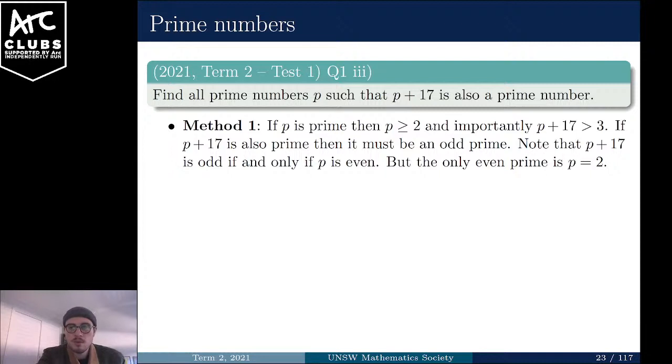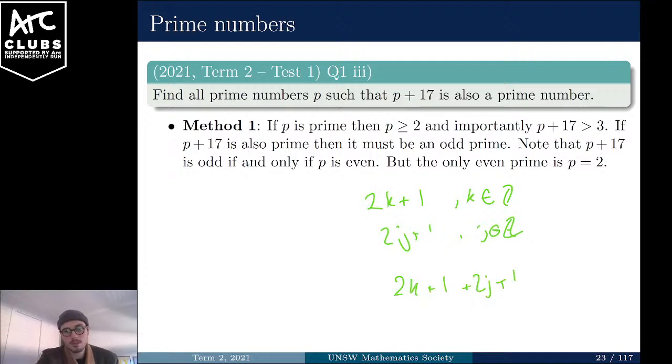If we get some odd number, and then another odd number, sorry, I did that wrong. If we add those two odd numbers together, we get an even number. So odd and odd gives us even. So if we want p plus 17 to be odd, p has got to be even.